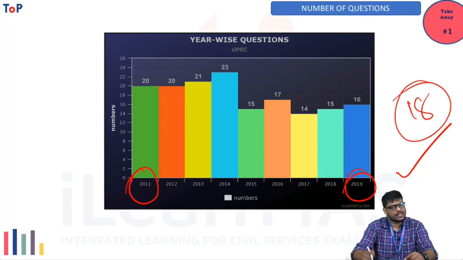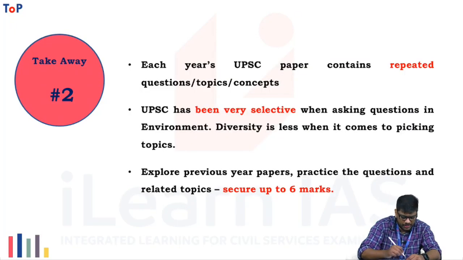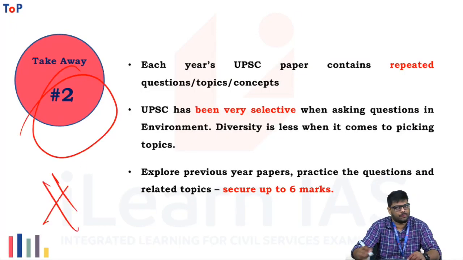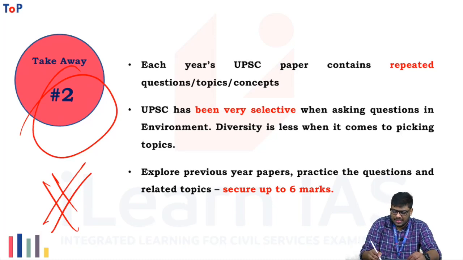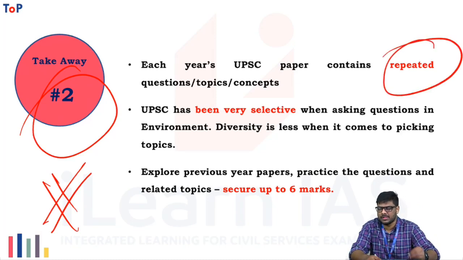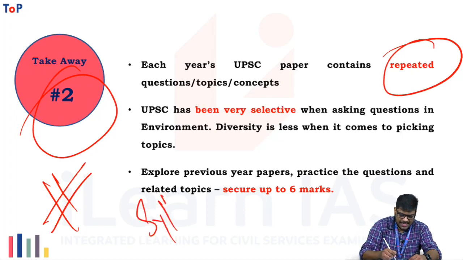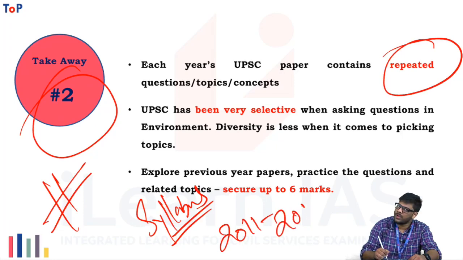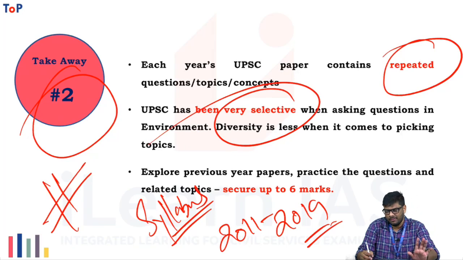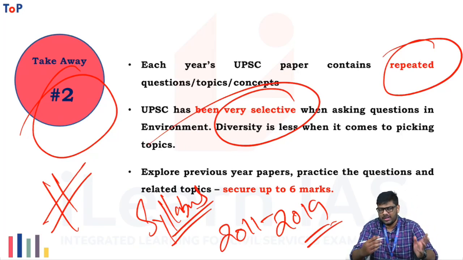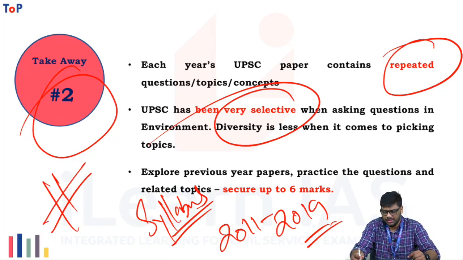And let me go to the second takeaway, a very important takeaway one must follow. It is regarding the repeated nature of questions or topics asked by UPSC every single year. UPSC is highly restricted because the syllabus has not been changed from 2011 to 2019, which means UPSC has to be highly selective when it comes to picking questions.